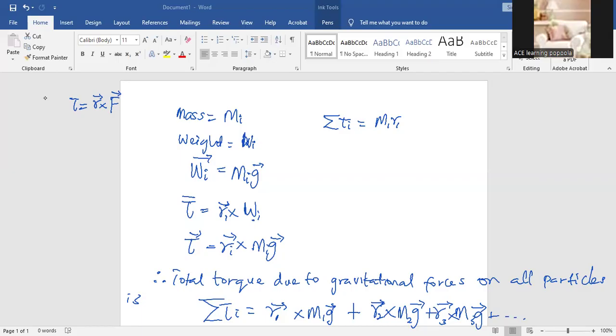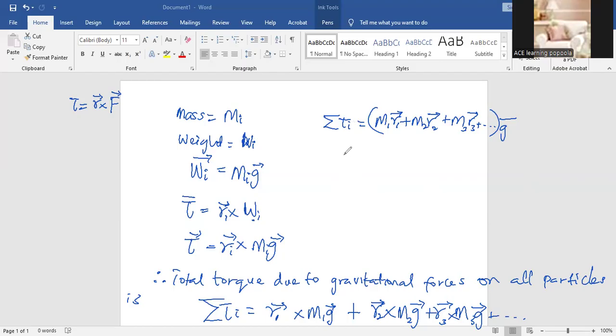So this instead, plus m2, plus m3, and so on. Now g is constant. Acceleration due to gravity is a constant in all the cases, so we bring that out.